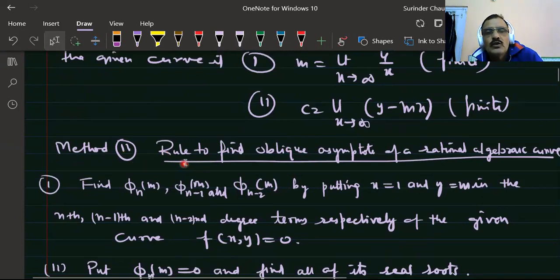Method second. Rule to find oblique asymptote to a rational algebraic curve.